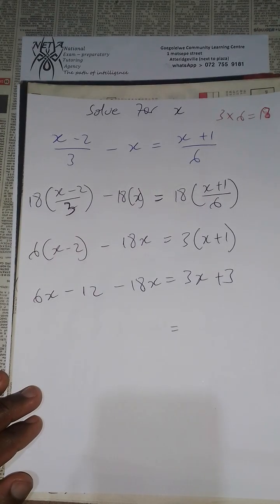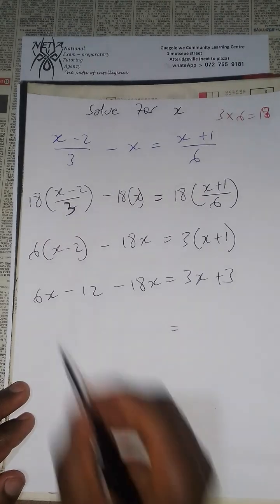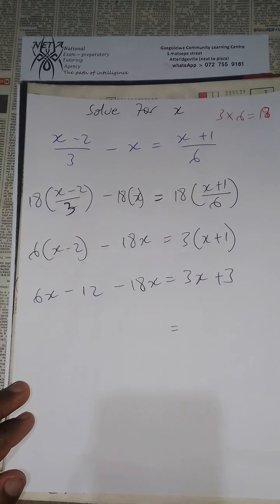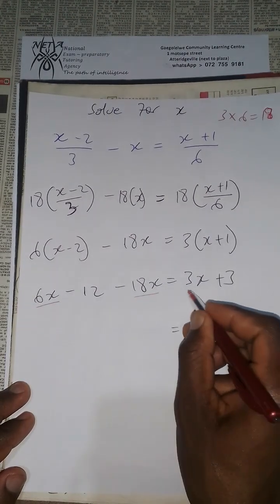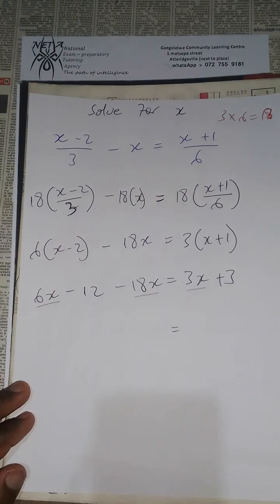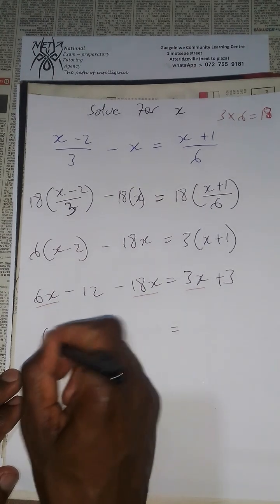Now, this is the step where you have to ensure that you arrange your terms. There are terms from your equation that have the variable of x. This term has the variable of x, this term has the variable of x, and this term has the variable of x. Now, these are the terms that must be arranged to one side. And how do we do that?